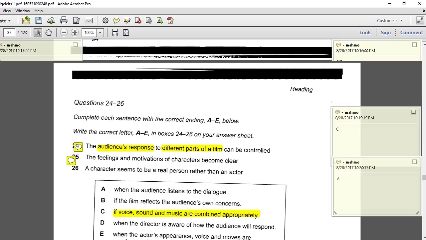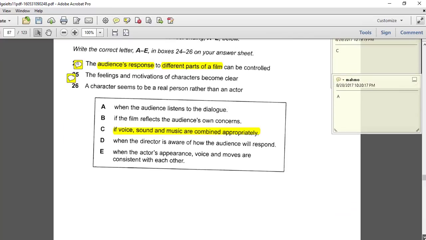Where's the question? A character seems to be a real person, rather than an actor. When the audience listens, if the film reflects the audience, no. Whether how the audience will respond when the actor's appearance, voice, and moves are consistent with each other. Because the physiognomy is appearance, it means the face, voice, and moves, okay?